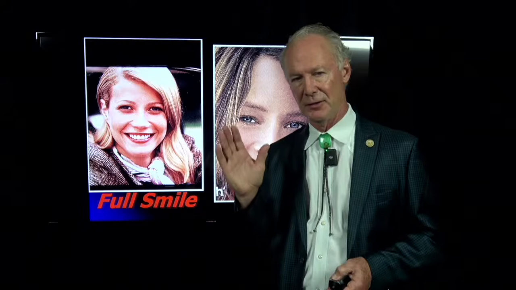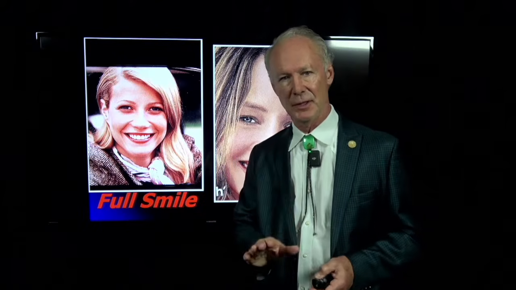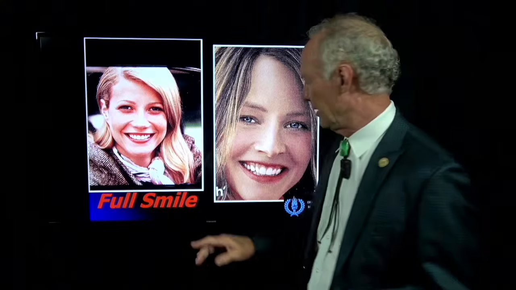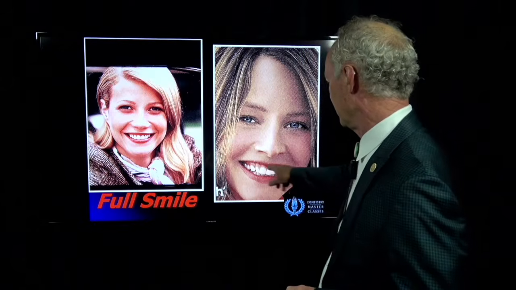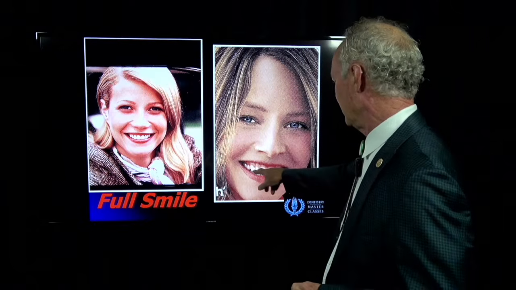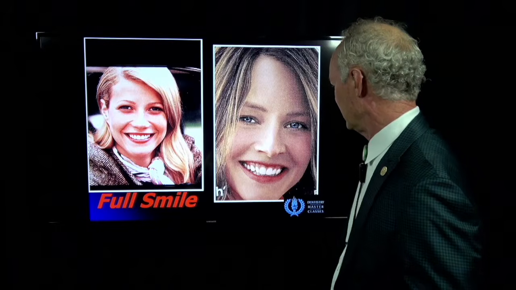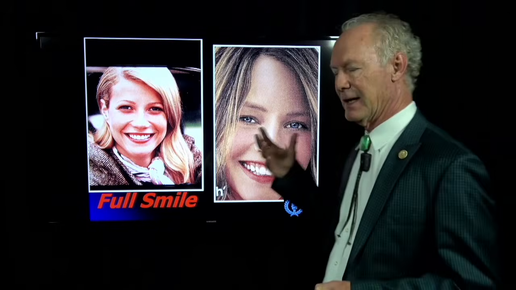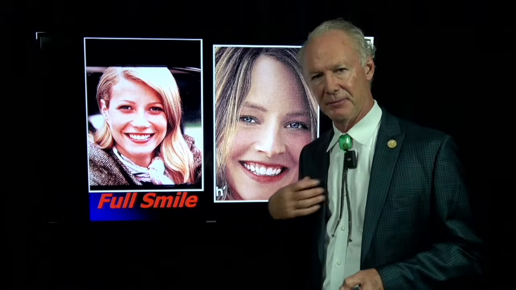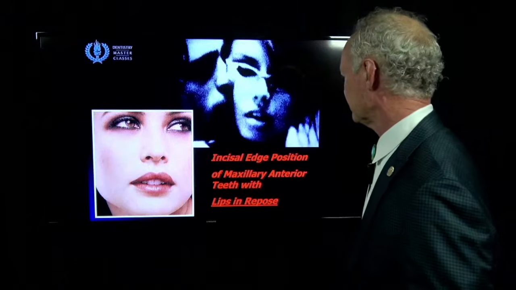So there's no issue with somebody being attractive if they have the correct length of teeth, even if they display more than the average amount of gingival tissue. So just remember that. You don't ever want the centrals to be longer than 12 millimeters, but you want the gingival line to be symmetrical, and you want it to be parallel with the incisal plane. I'm going to show you some cases and how I analyzed them as we go on this morning.